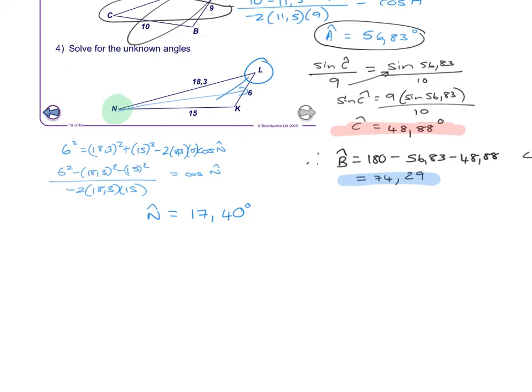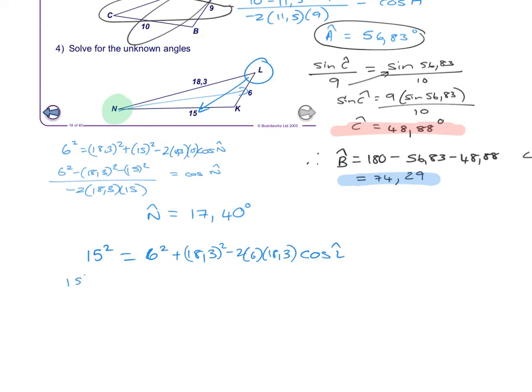Again, I'm going to go with L next. You can choose to use the sine rule or the cosine rule. Let's use the cosine rule just to be different from the previous question. So L is across from 15. So I'm going to start with 15 squared and then have my cos L at the end. So my other two sides, not the 15, is going to be my 6 squared plus my 18,3 all squared minus 2 times 6 times 18,3.